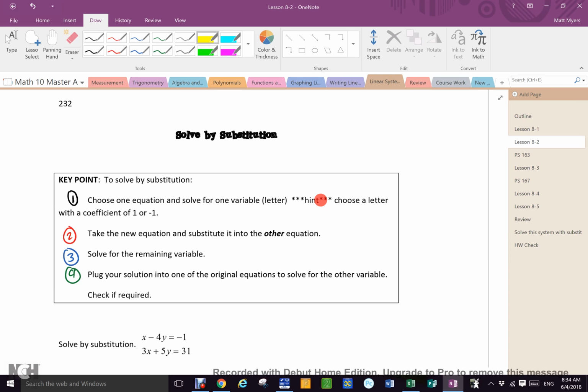Is everybody happy with all those words? They all make sense, yeah?